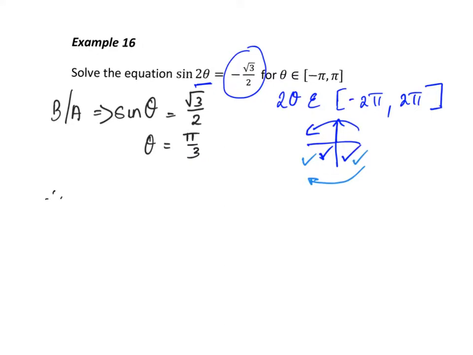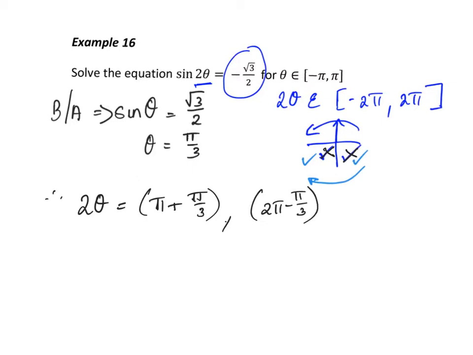Well, again, because of this 2 theta, it's not theta equals, it is 2 theta equals. And my first solution, if I go in the positive direction, is this one here. All right, and that is pi plus theta. So it's pi plus pi on 3. And this one here is going to be 2 pi minus pi on 3.